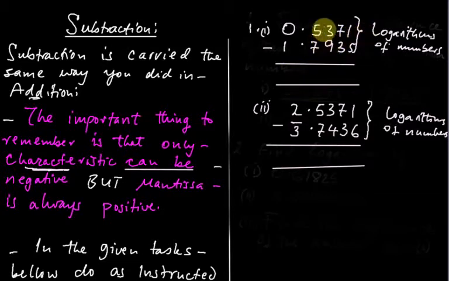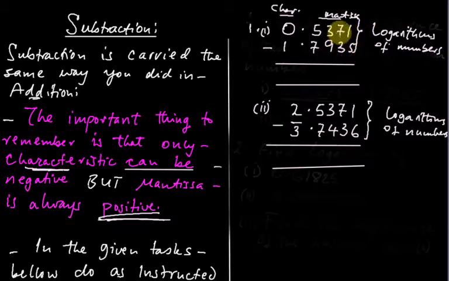So as usual, we say that this part here is our mantissa, and this is our characteristic. Okay, we said that always mantissa is positive. So if that is the case, we perform normal subtraction here. 1 minus 5 is not possible.